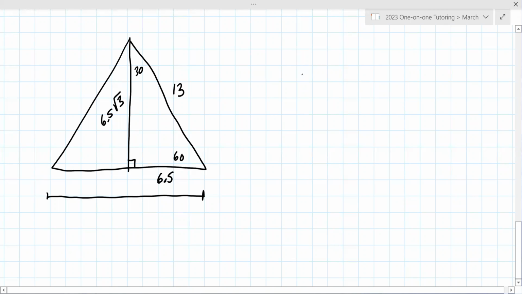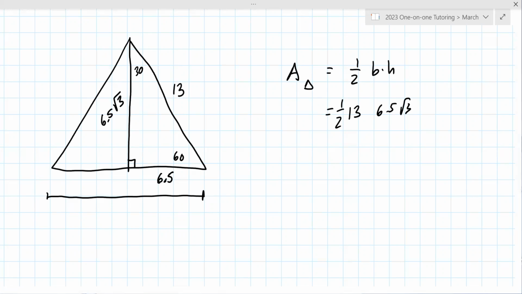Now to find the area of this triangle, it's 1/2 base times height, and you've seen that before. The base though is the entire base, which is 13. And then the height here is 6.5 square root of 3. Now you've also written the known formula here, which is the square root of 3/4 times a squared.